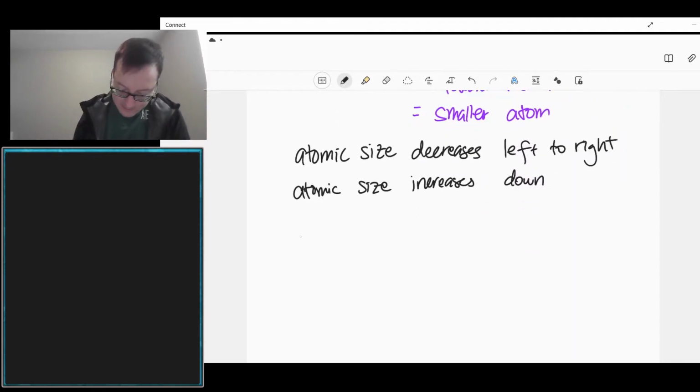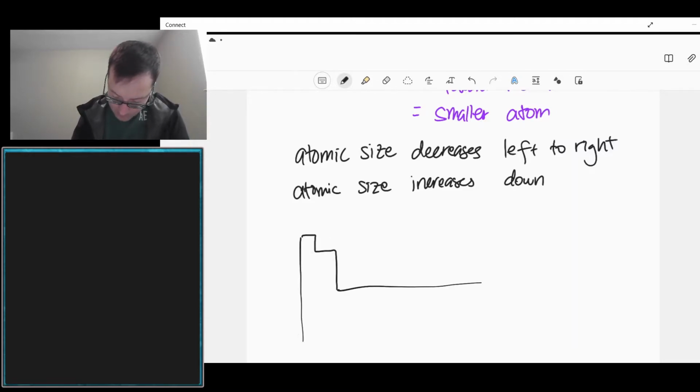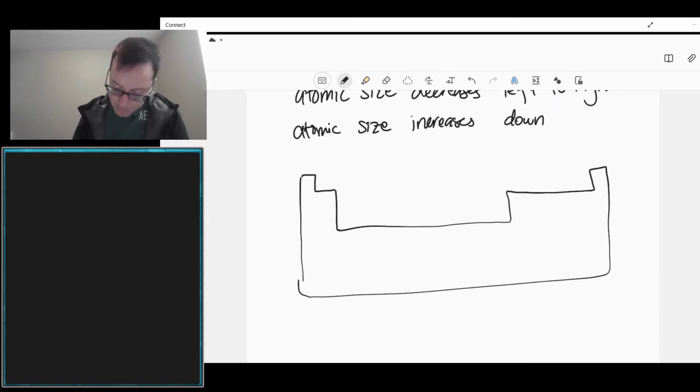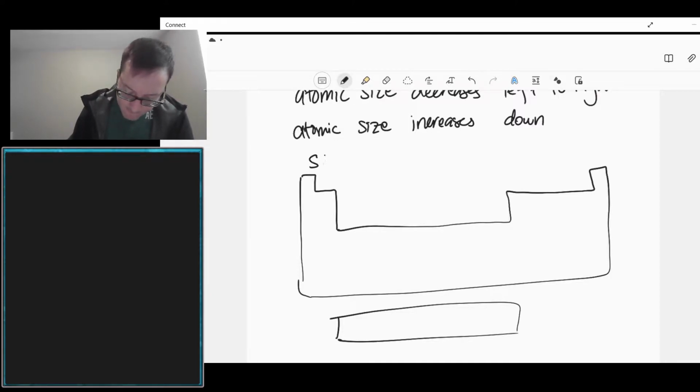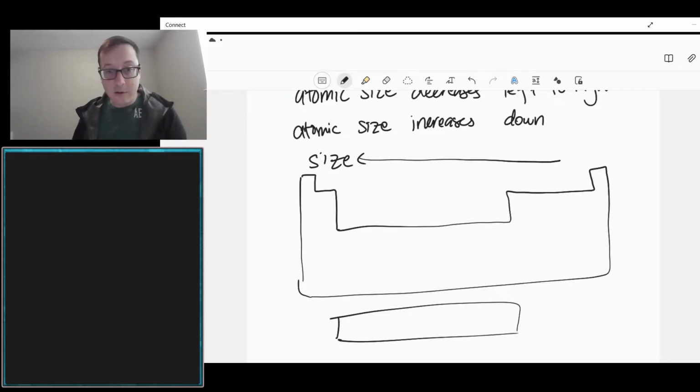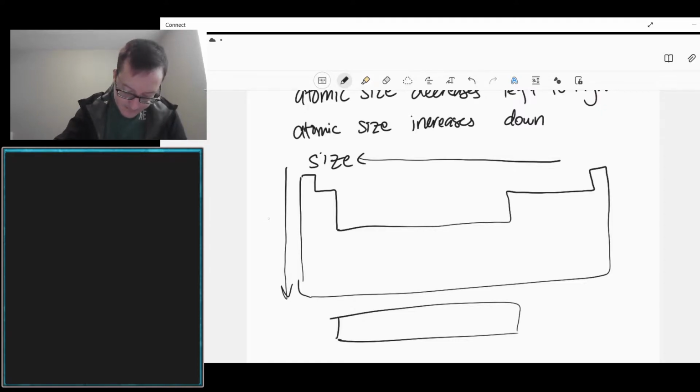That means size is going to increase to the left and increase down.